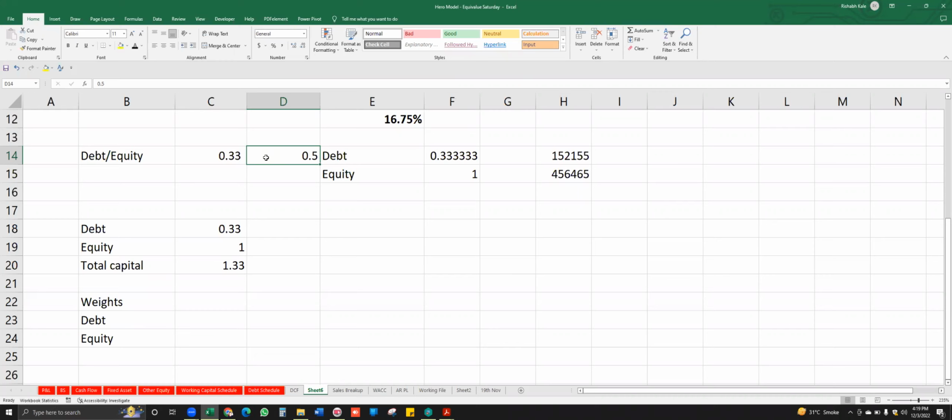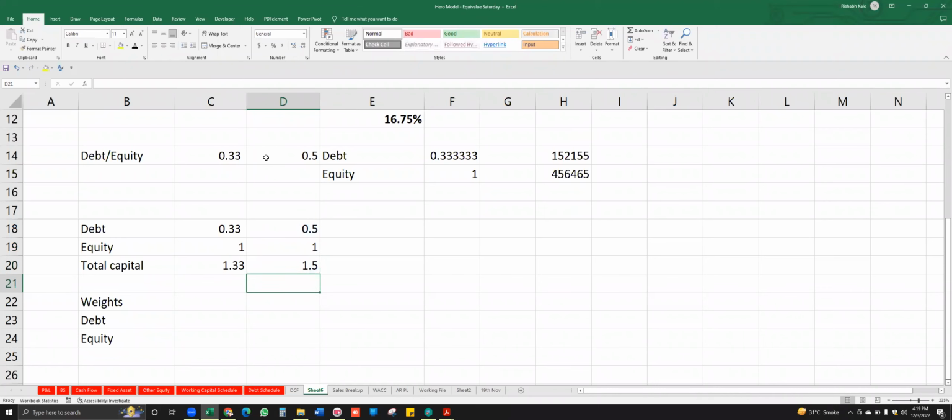Fine, am I waiting? How to do it? So can I say over here my debt is 0.5. So what will be equity? Obviously debt is 0.5, so equity will be 1. So my total capital is what?